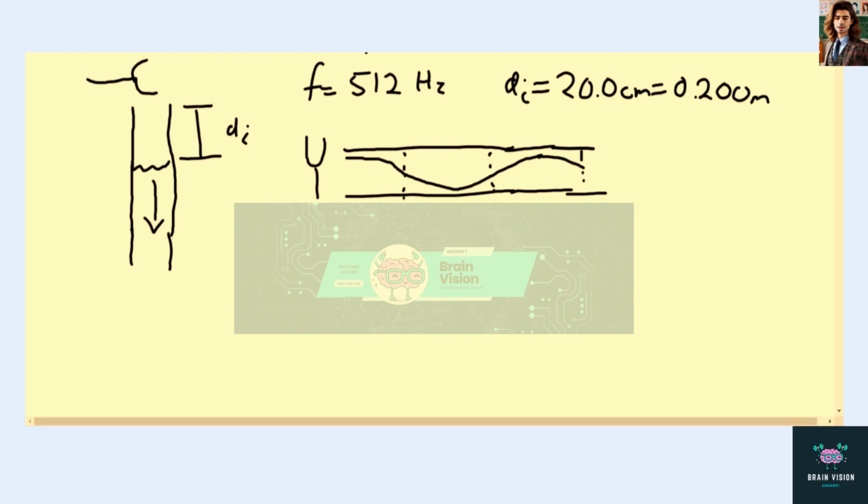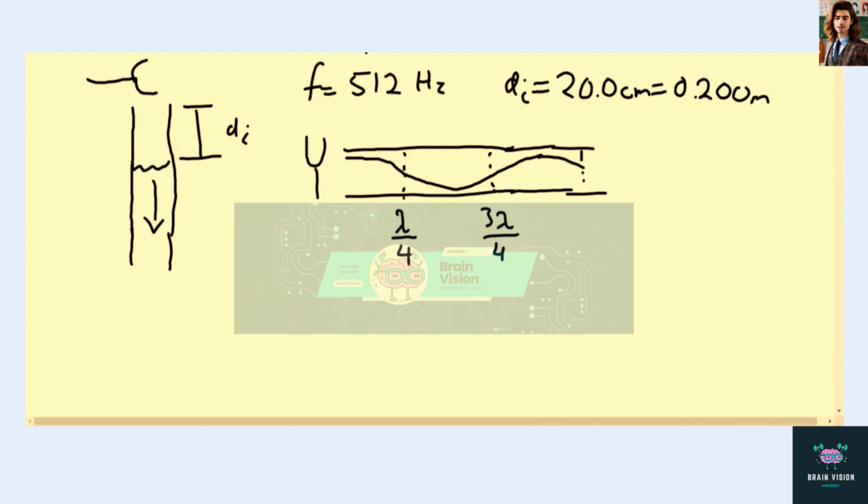So if we look at this, we've seen this pattern in other problems as well, the first possible distance for creating a resonance would be the distance equal to lambda over 4, because we've just gone from an antinode to the adjacent node.